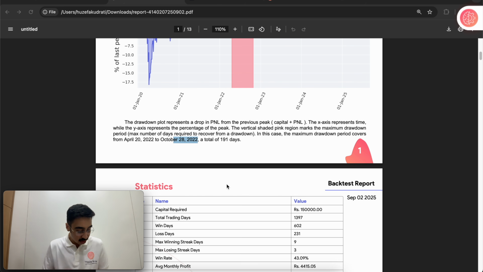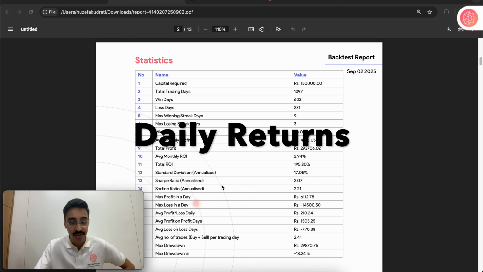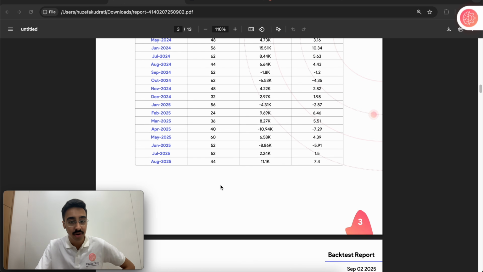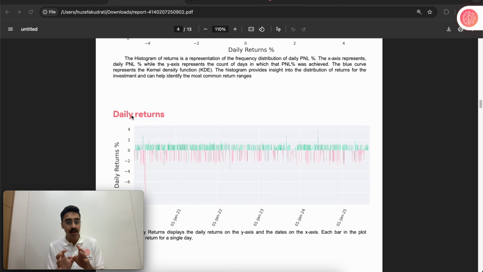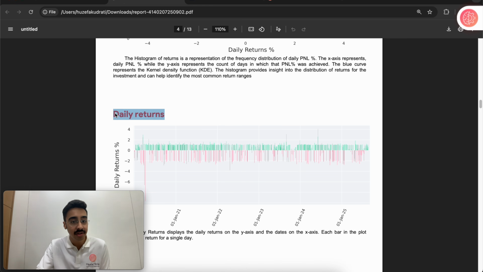Now the next thing a good trader will look for in the strategy would basically be the daily returns, right? Let's have a look at what I mean by daily returns. When you see the backtest report out here, you'll see one section which gives you the daily returns.